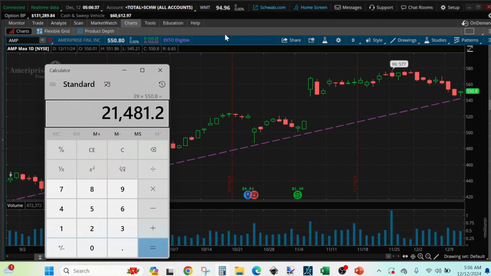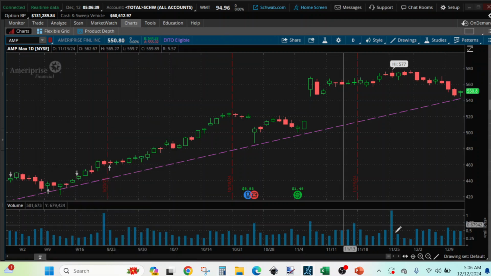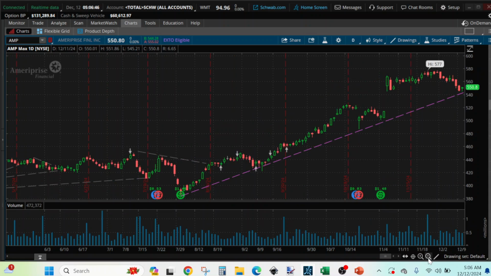That is one way to calculate how many shares we will purchase, and if we are not comfortable spending that much per trade, it will be a good one for the short term, for a short time frame.